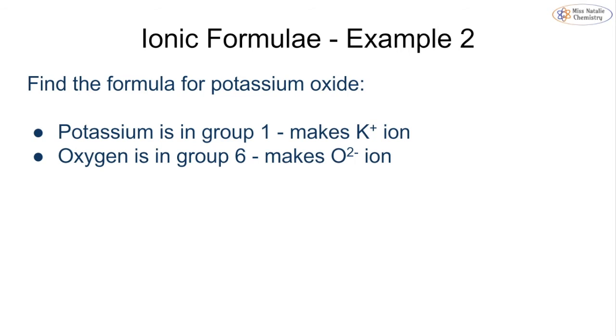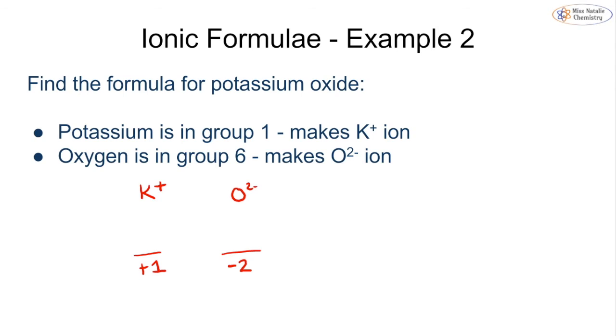Another example is potassium oxide. Potassium is in group 1, so it makes a K+ ion, a 1 positive. Oxygen is in group 6, so it's going to make a 2 minus ion. So when I look at my charges, I have 1 plus and 2 minus. Now these two things do not cancel out.